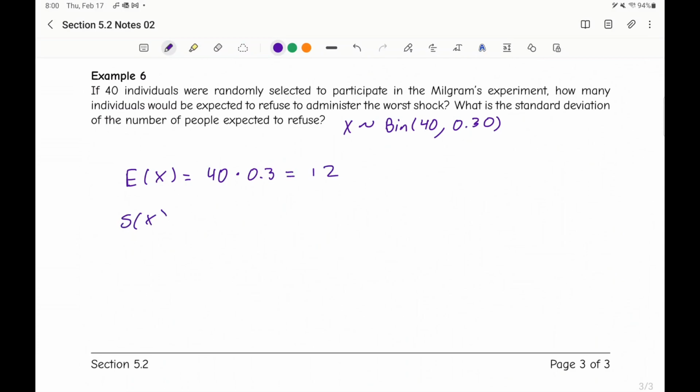And then the standard deviation is the square root of 40 times 0.3 times 1 minus 0.3, which is 2.9. And that's it for section 5.2.